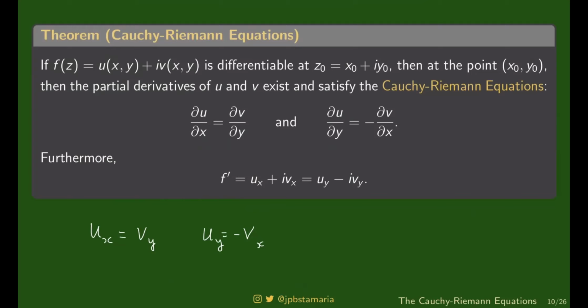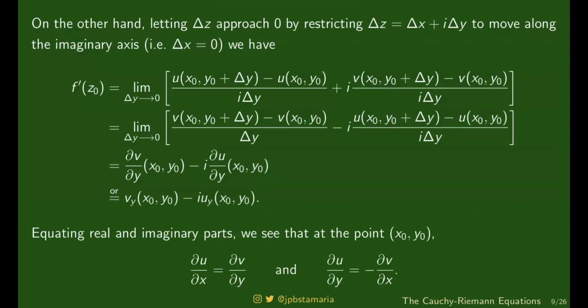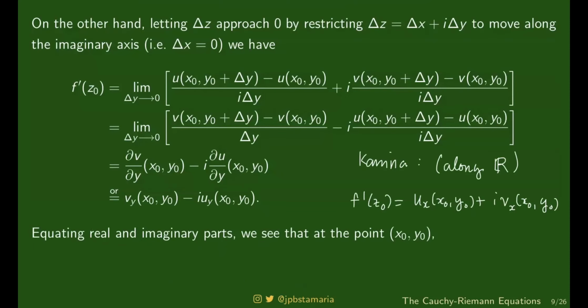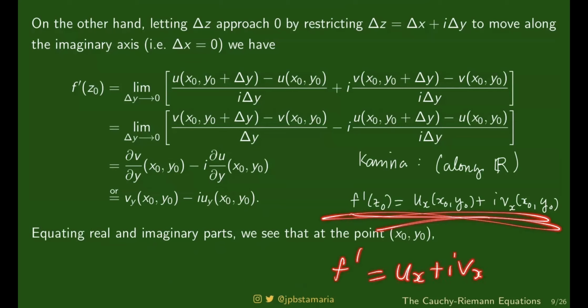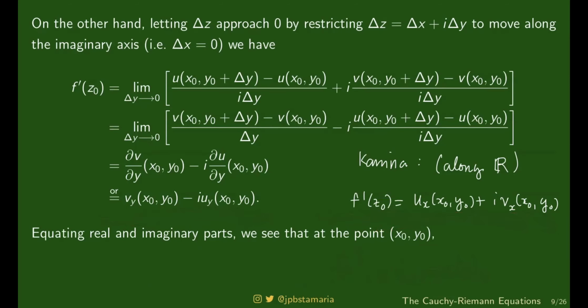Furthermore, meron tayong formula para sa derivative ng f. Ano yung formula sa derivative ng f? Nanggaling yan dito. Ito yung kanina. F prime, tingnan nyo, F prime is Ux plus IVx. O kaya, pwede nyo gamitin ito, pag ina-approach coming from the purely imaginary axis, you have Vy minus Iuy.